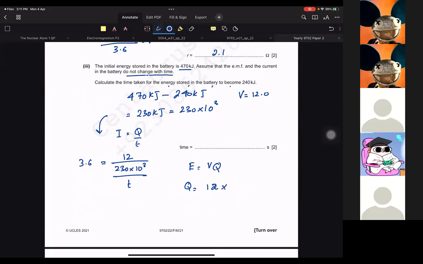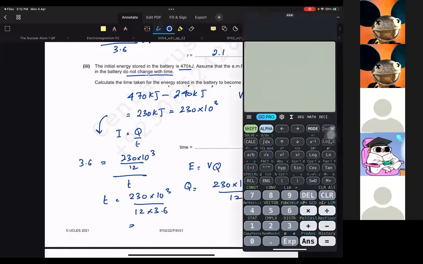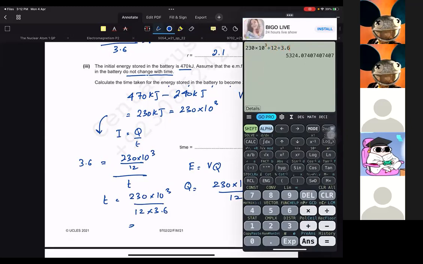So this should be 230 times 10 raised to power 3 divided by 12. And the current was 3.6, so 230 times 10 power 3 divided by 12 times 3.6. Let's check this and see whether we get the same answer from both ways. Yes, we get the same answer both ways.